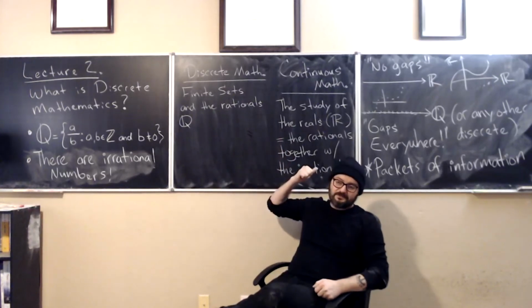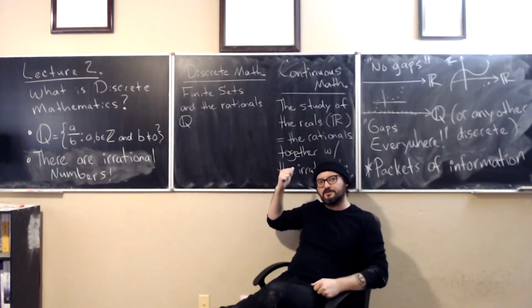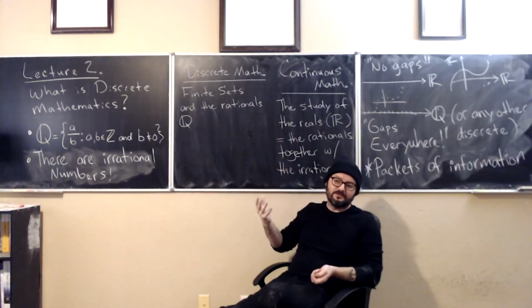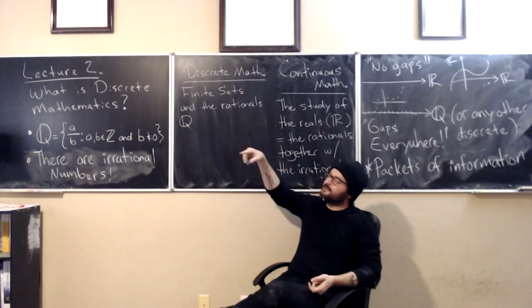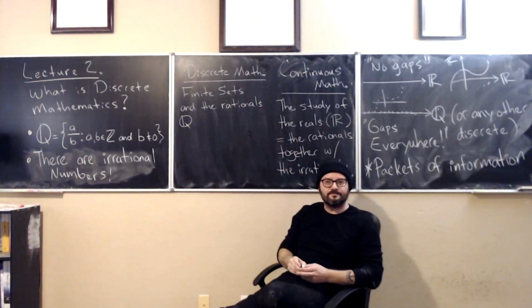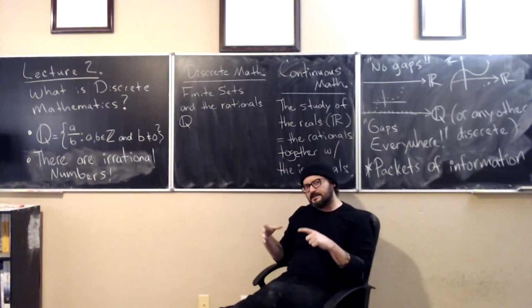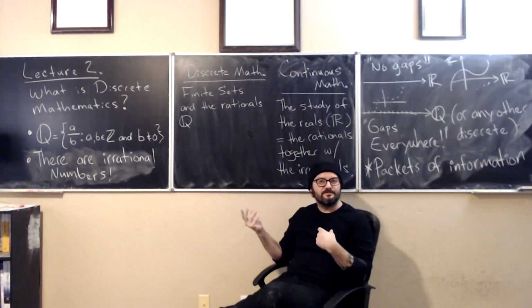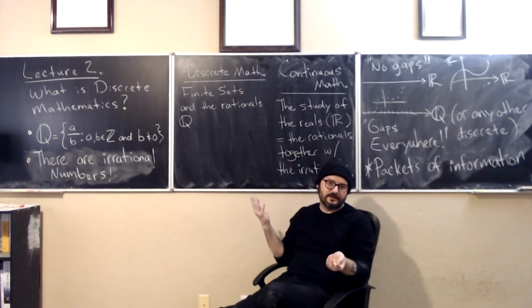So techniques on the set of real numbers, the continuum, will not work on finite sets of objects. A set is just a collection of elements with no repetition in it. That's the definition of a set, naive set theory.